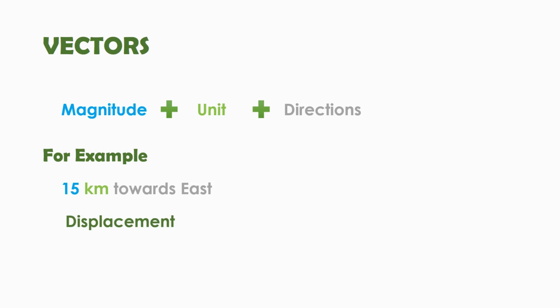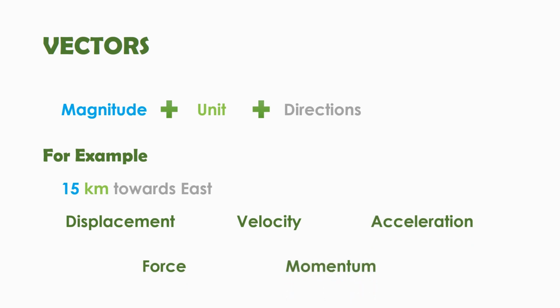Distance with direction is usually named displacement, which we discussed in the previous video. Displacement is an example of a vector. A few more examples are velocity, acceleration, force, momentum, and torque. These are many examples that can be placed as vectors.